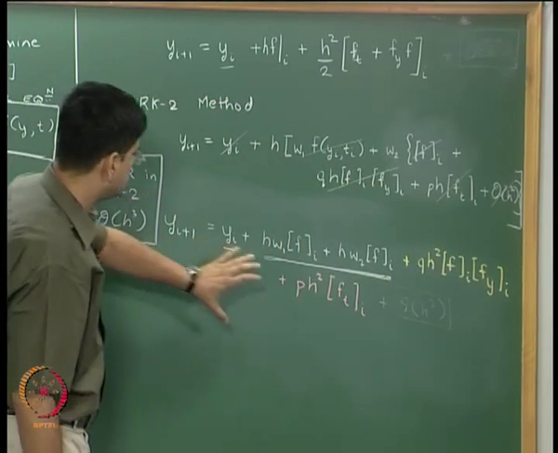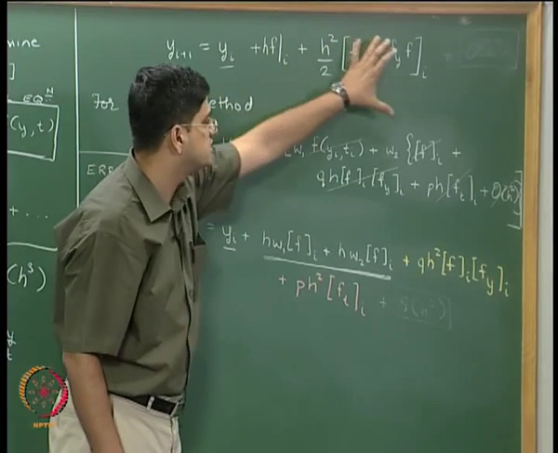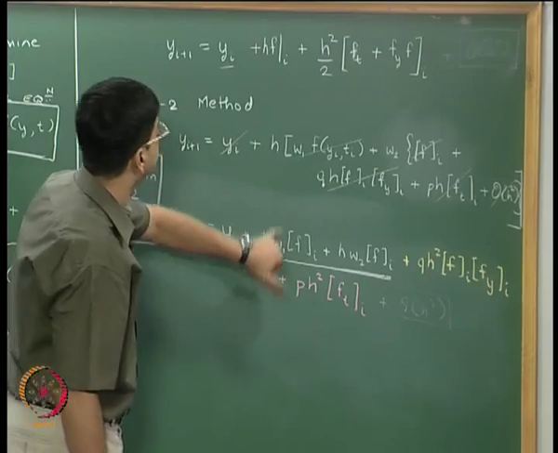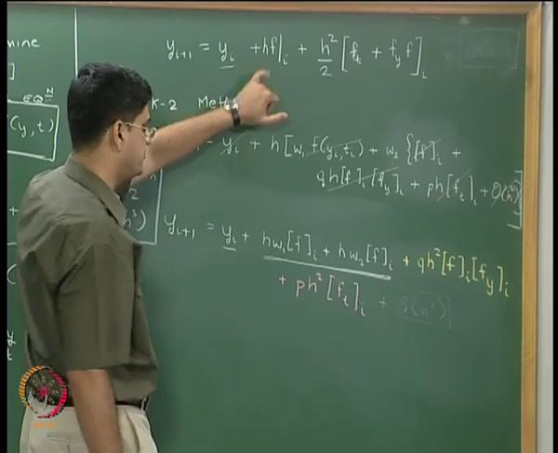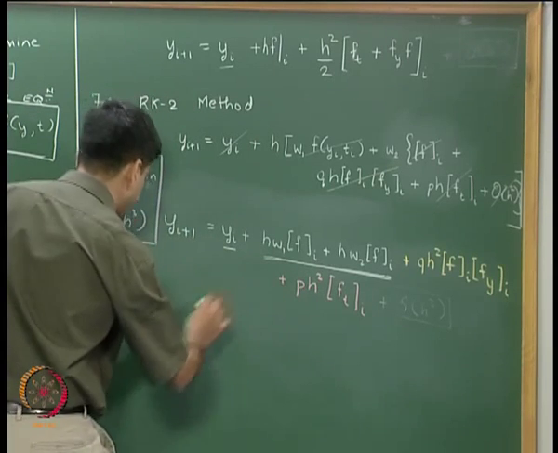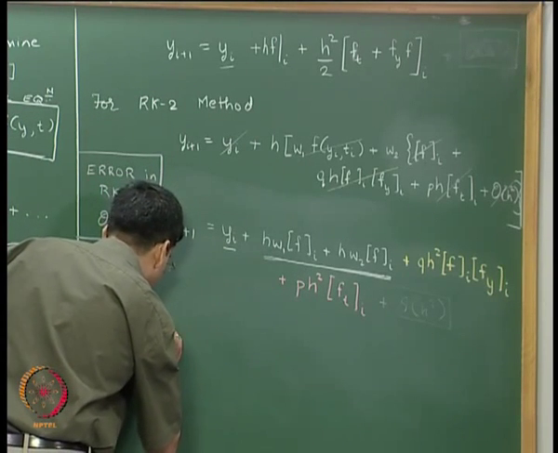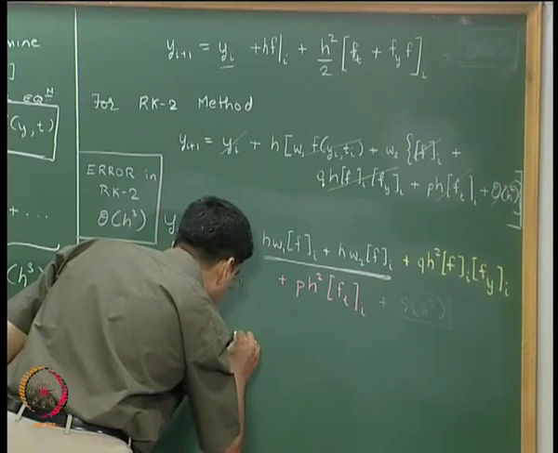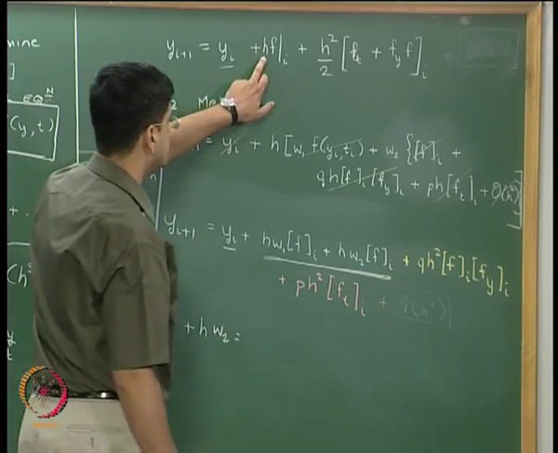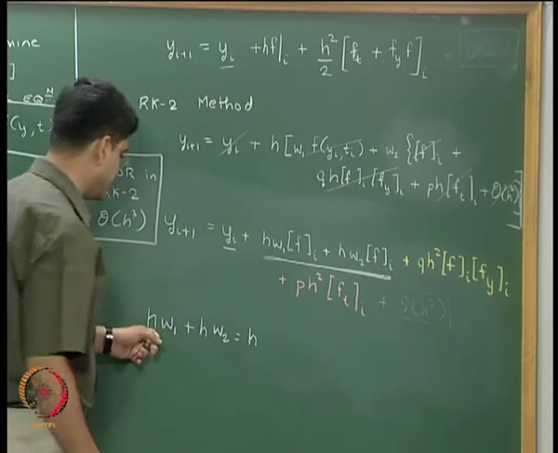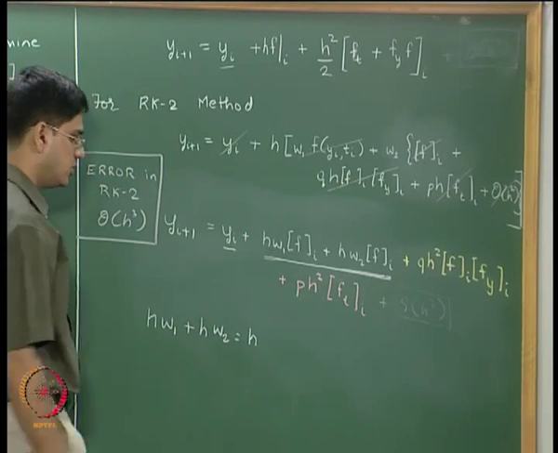So for this expression to represent closely the approximation that we get using the Taylor series expansion, the coefficients over here have to be the same as the coefficients over there. So for the white term, the coefficient is going to be h multiplied by w1 plus h multiplied by w2, and that is going to be equal to h. So that is the first equation, w1 plus w2 equals 1.